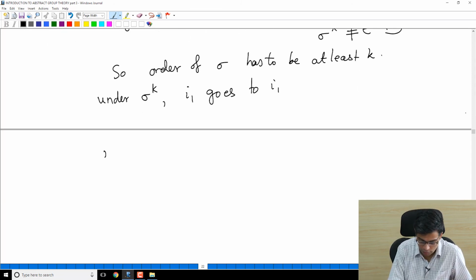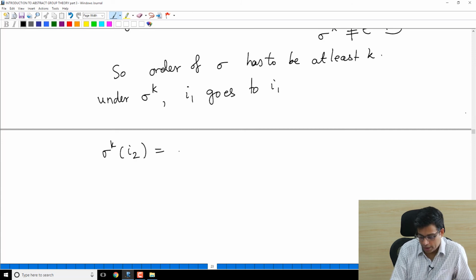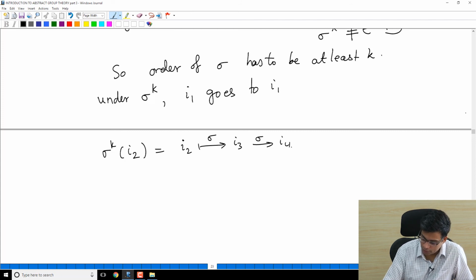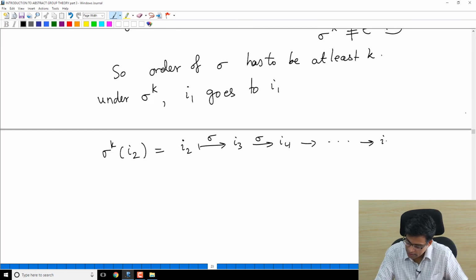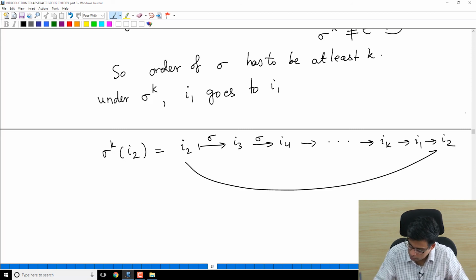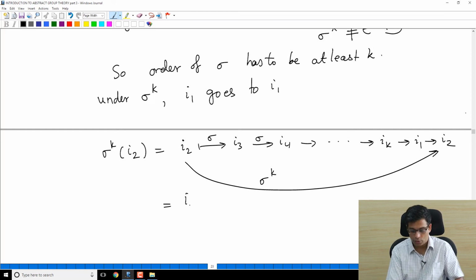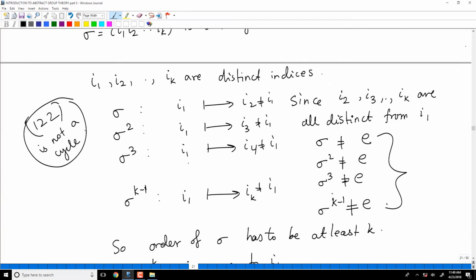What about sigma k of I2? Remember, I2 under sigma goes to I3, under sigma again it goes to I4, and if you keep applying this, at some point you will get Ik, then I1, then I2. So if you do it k times, sigma k of I2 is also I2, because it's a cycle.